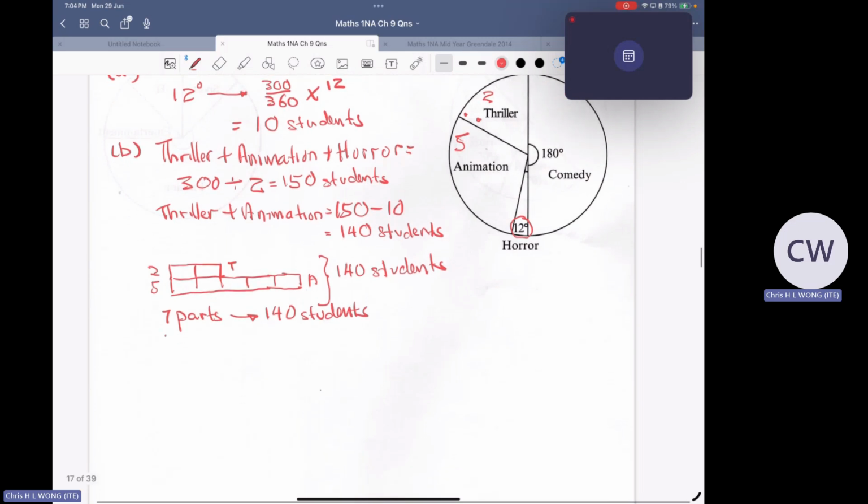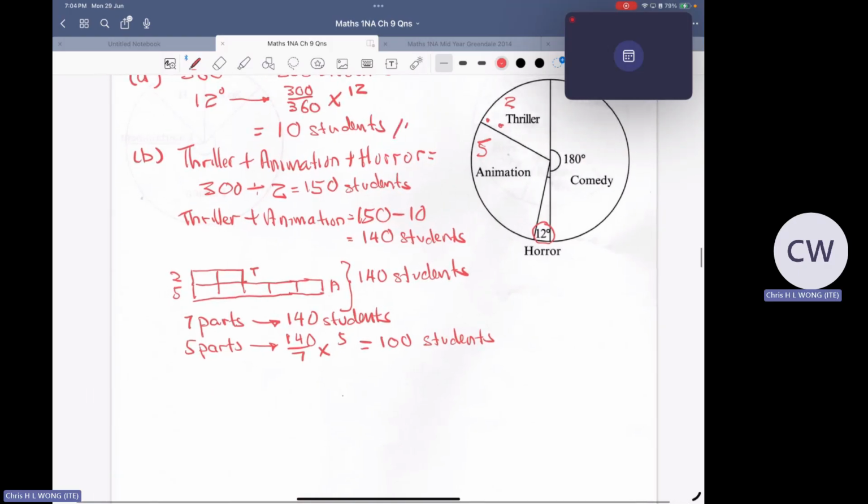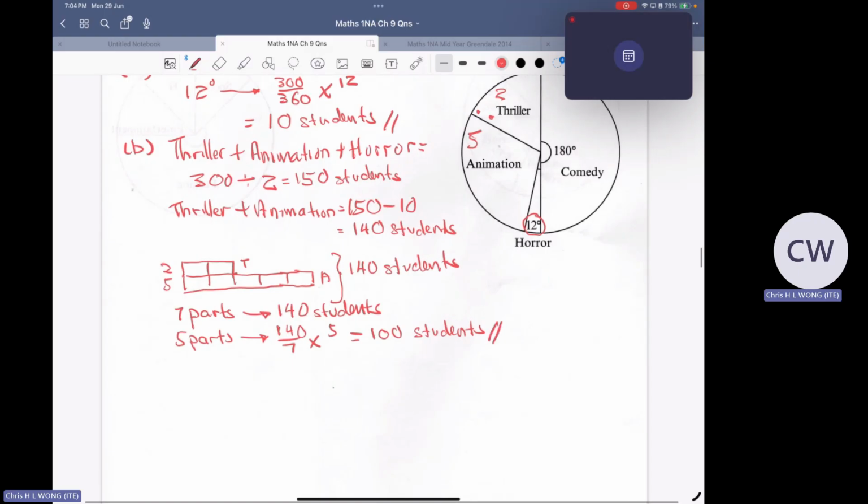So for 5 parts, I will have 140 divided by 7 times 5. So it will be 20 times 5, 100 students. So second answer, 100 students.